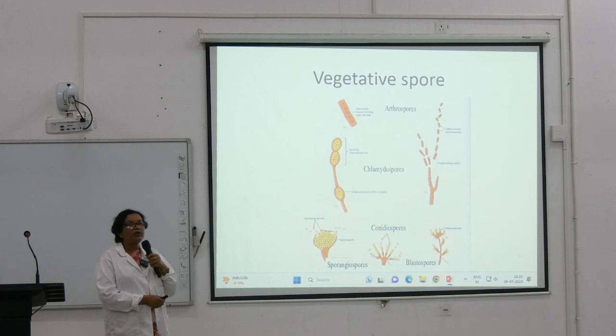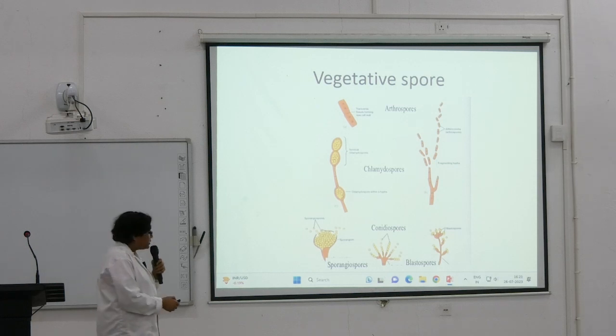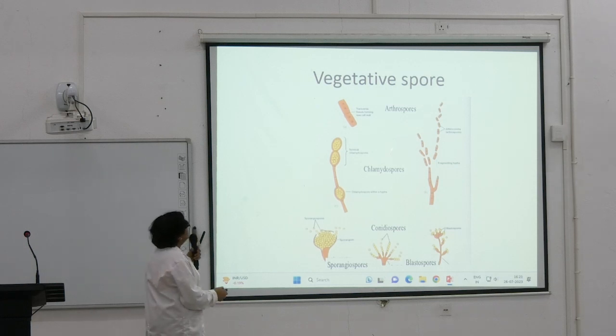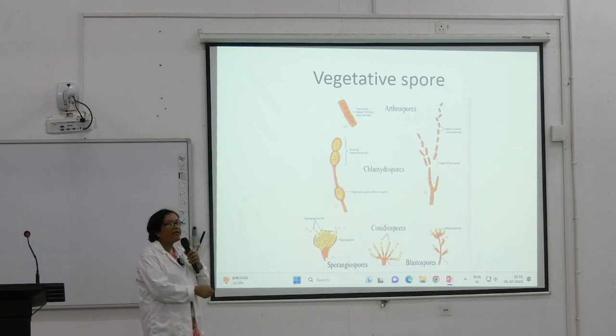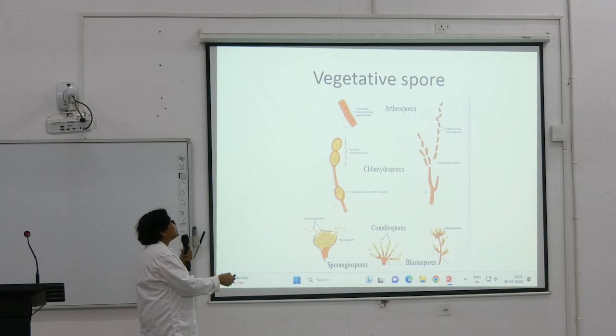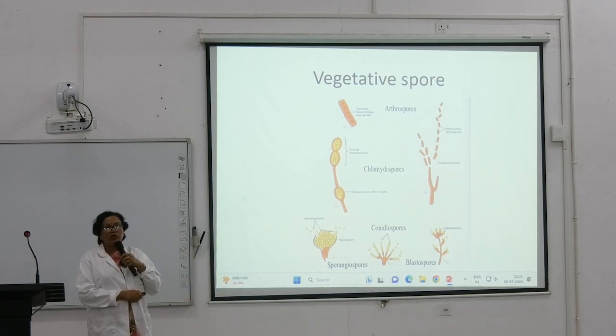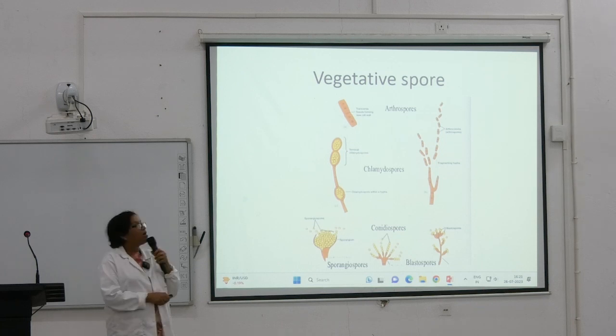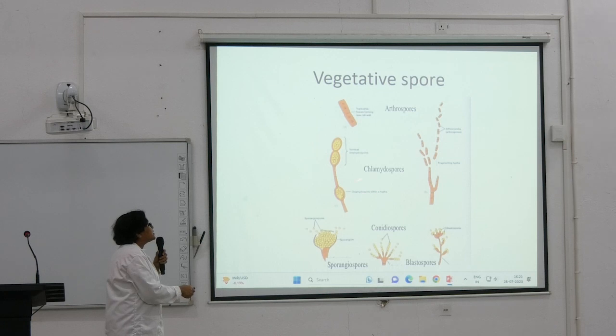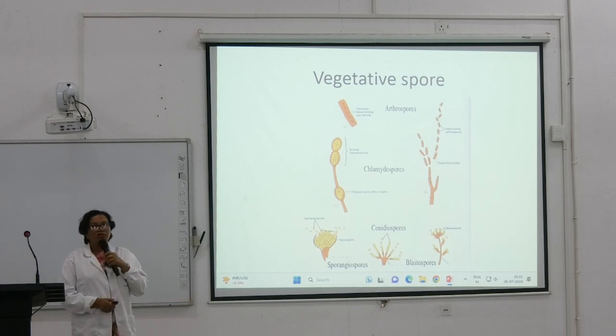Now, what are the different vegetative spores? This is arthrospore, just brick-like fragmentation. It is found in the dermatophyte, which causes cutaneous fungal infection. Arthrospore. This is chlamydospore. This is seen in case of Candida.